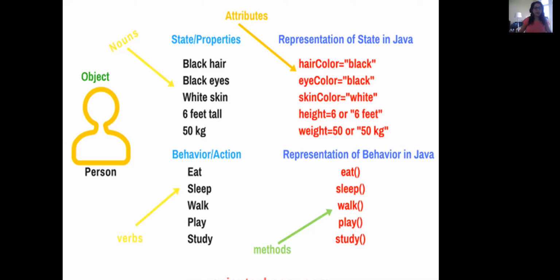And what are behavior, action, or methods? They are the verbs in English. So when we say eating, sleeping, walking, studying, we mean we are using methods within a class, based on different objects.